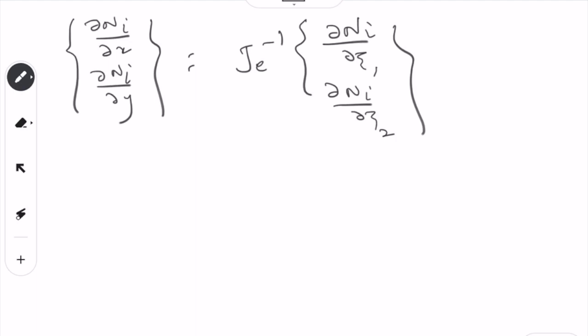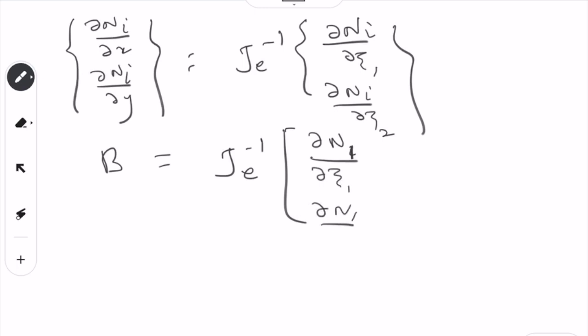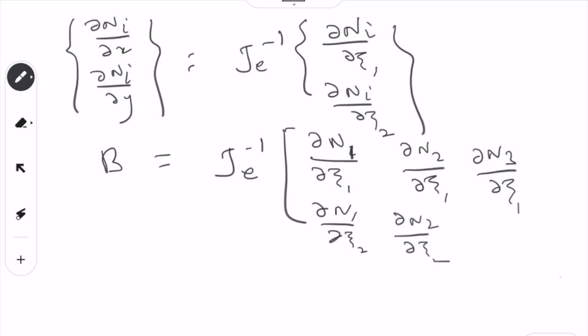So we can also write the B matrix. The B matrix will be equal to Je inverse, and then you will have del N1 over del xi1, del N1 over del xi2, and so on: del N1, del N2, del xi1, del N3, del xi1, del N2, del xi2, del N3, del xi2. So we got this.